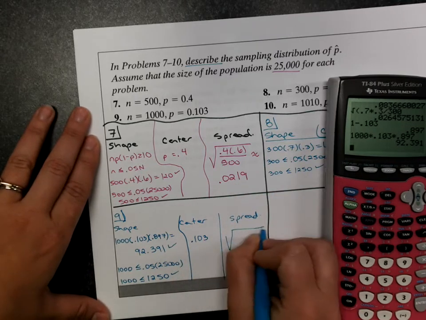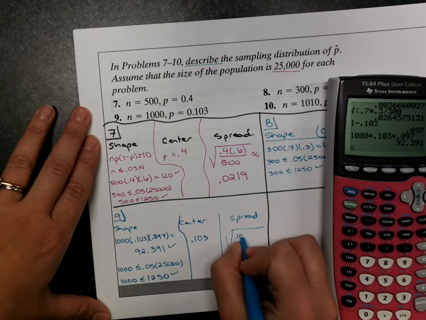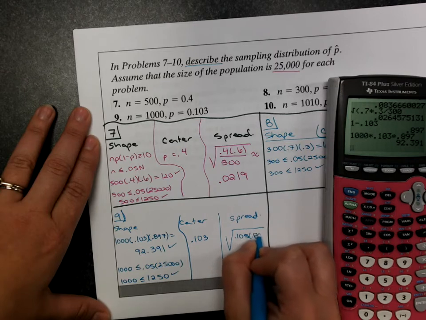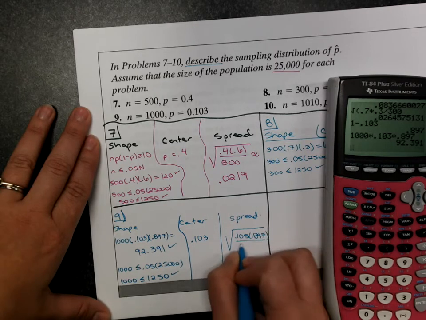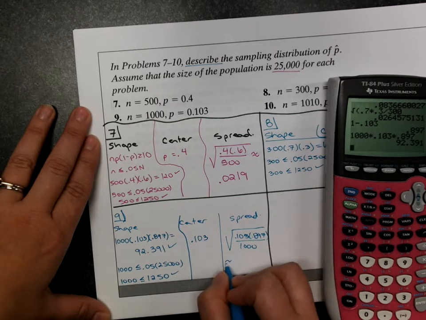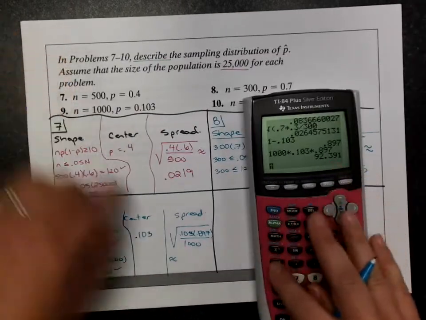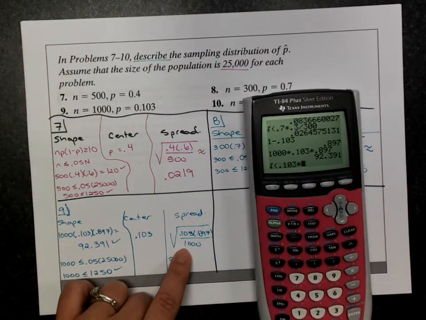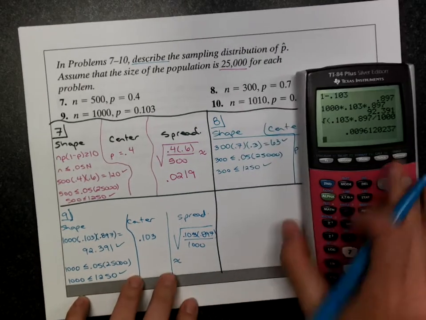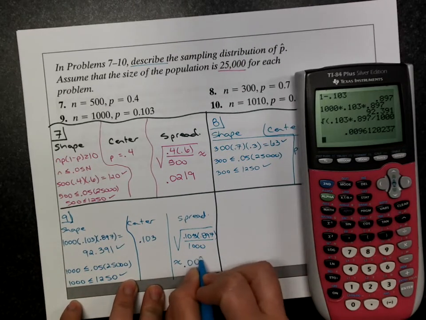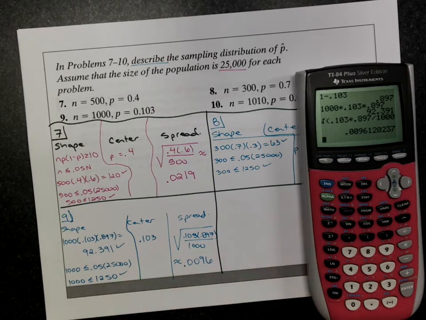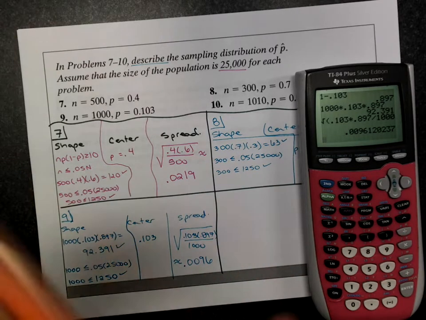And then the spread is the square root of 0.103 times 0.897 over 1,000, which is approximately, hopefully this is making sense, 0.0096.